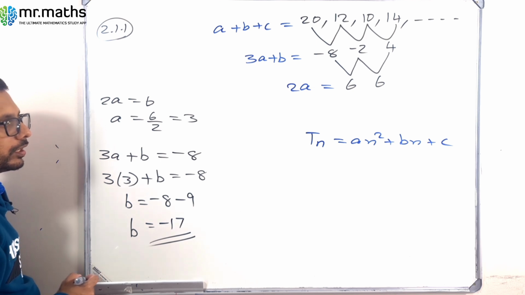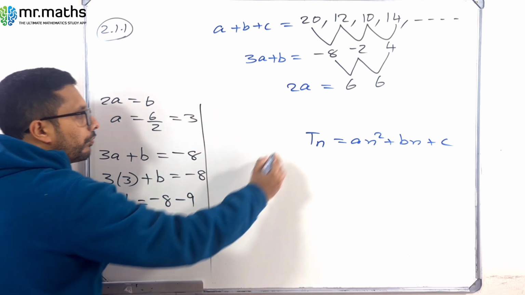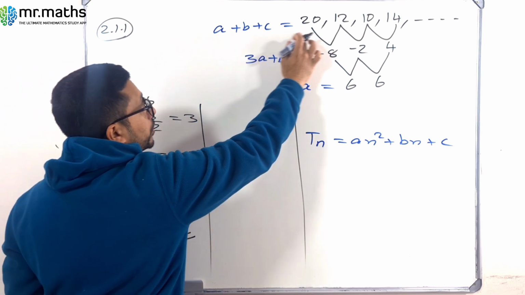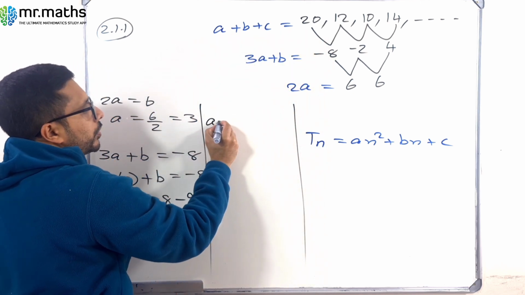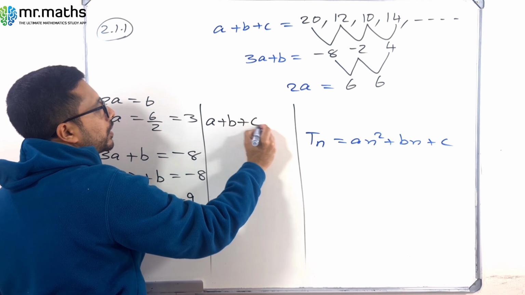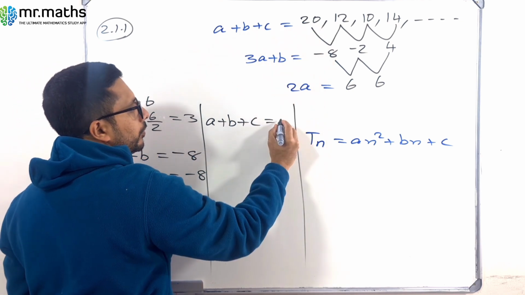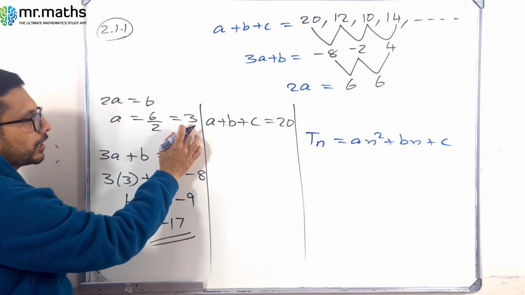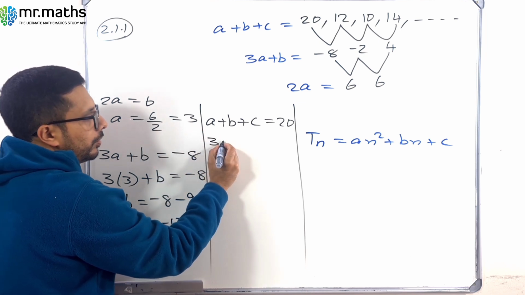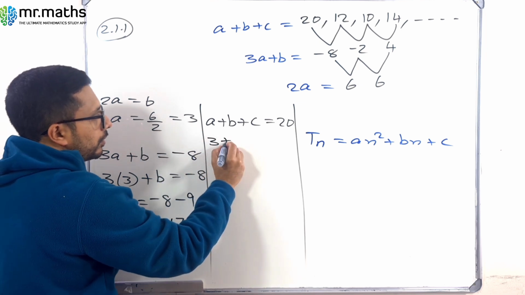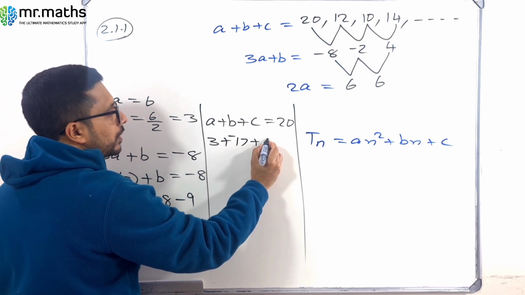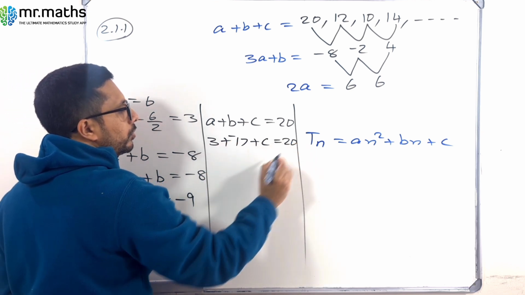So what is outstanding now? We have to find the value of c. For that we have to take this equation. What is that equation? A plus b plus c is equal to, what is the first term? 20. And now we can substitute the values of a and b. What is a? It is 3. Then plus b, b is minus 17, plus c is equal to 20.